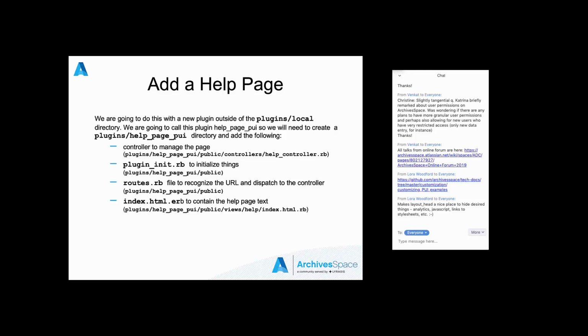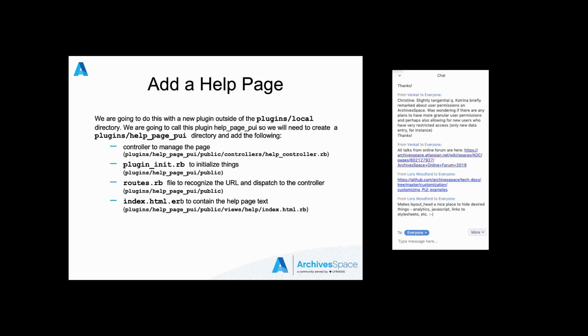The next thing I need to do is add what's called a routes file. Basically what this file does is it makes it so that the URL can be recognized and it will dispatch the right controller, which is the help controller that I'll show you in a minute. That routes file needs to be at the same level in the directory structure as the plugin init.rb file, which is basically just inside the public directory inside the help page PUI directory.